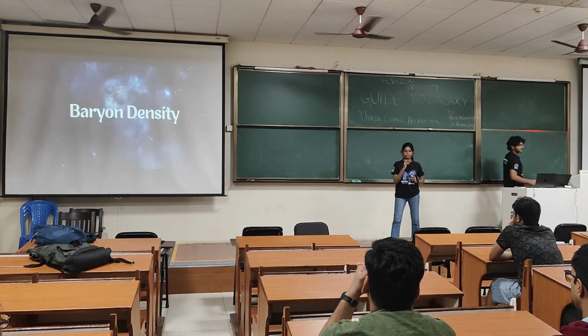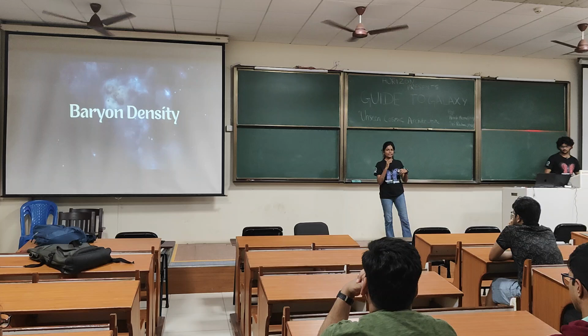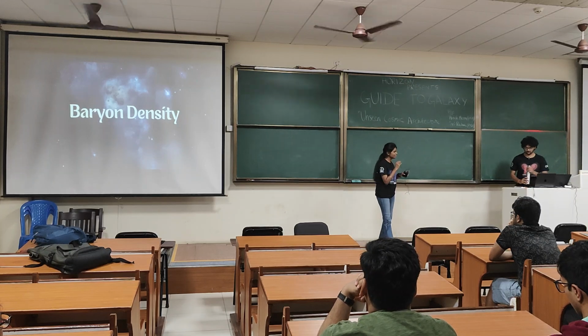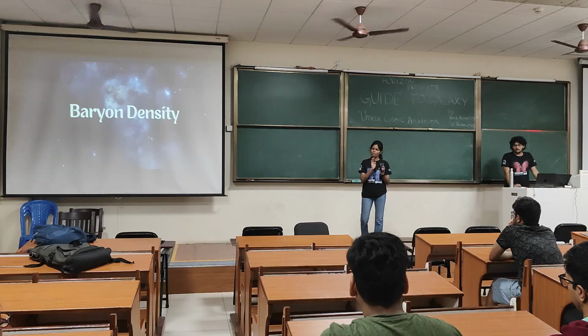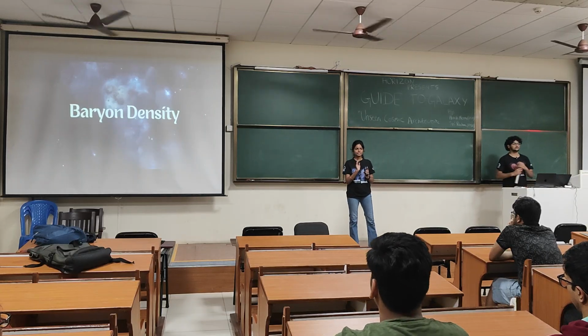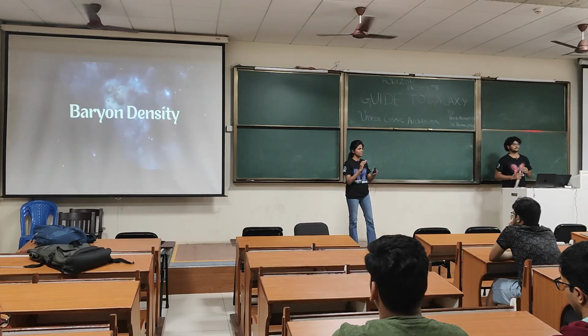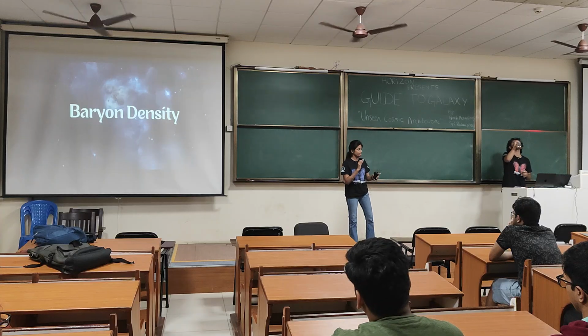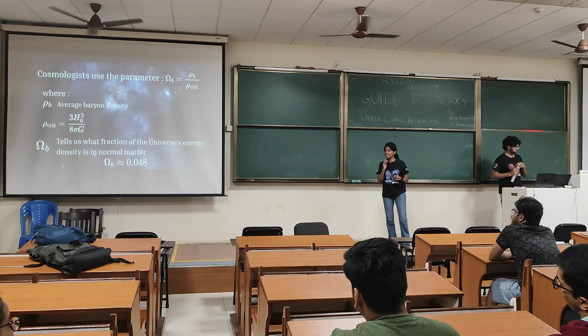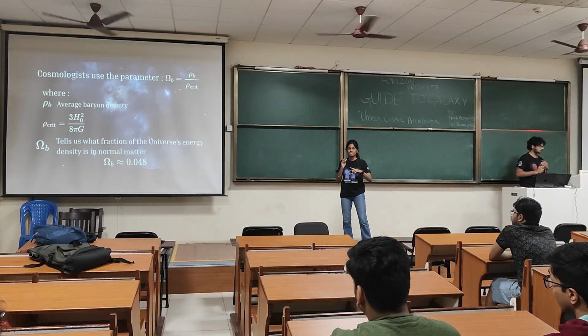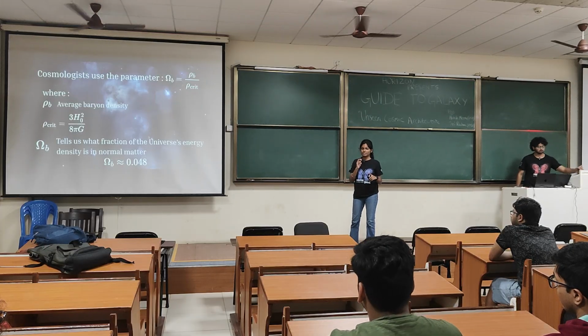Before we start looking for this missing part, we first have to know about baryon density. In simple words, it's the number of baryons present in a unit volume of the universe. Cosmologists use the parameter omega b, which we will be using throughout the session.